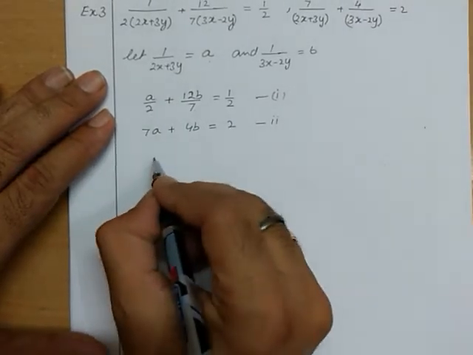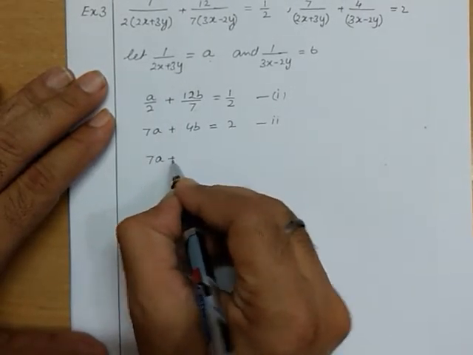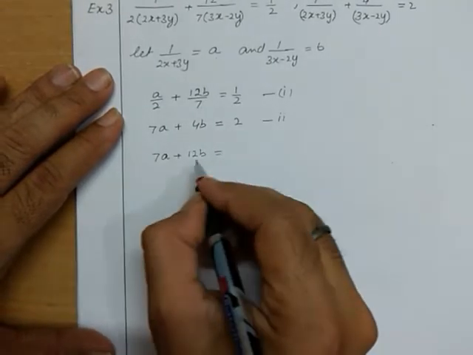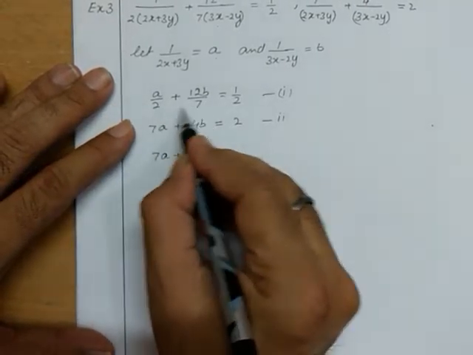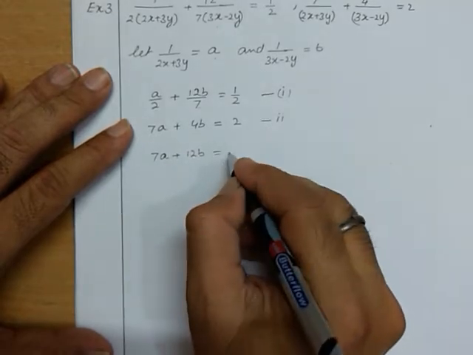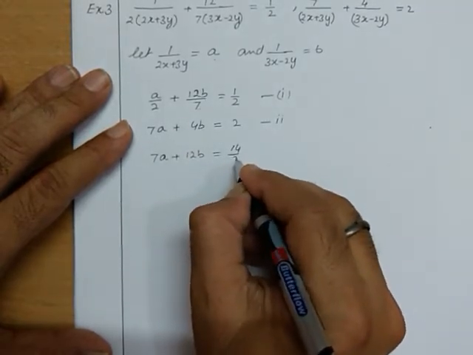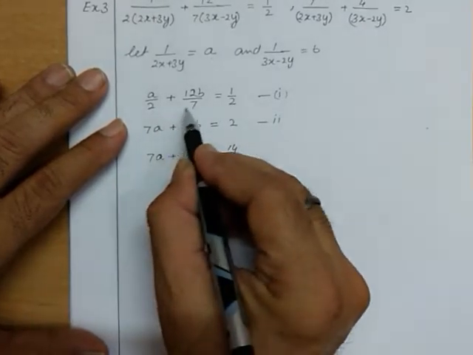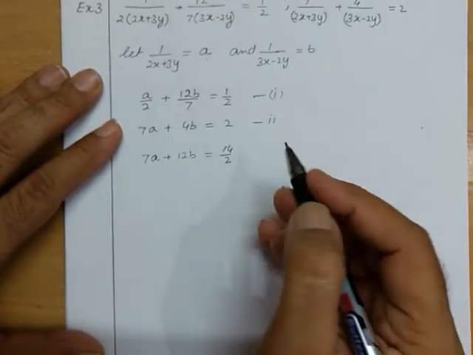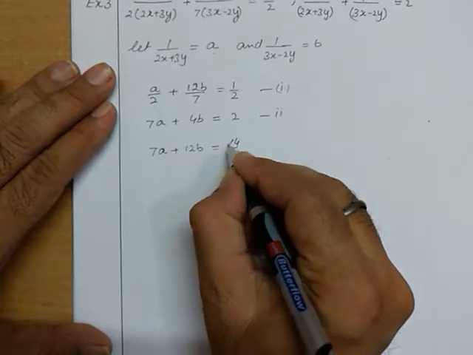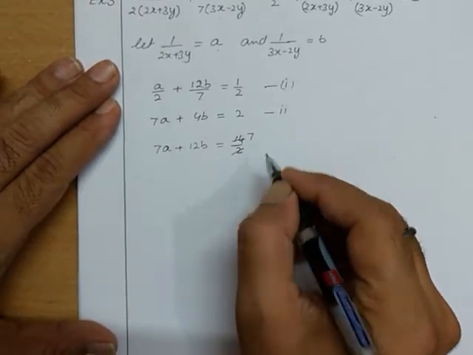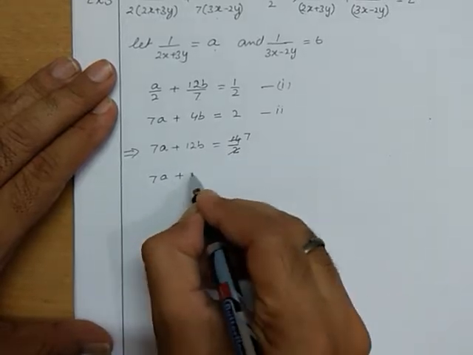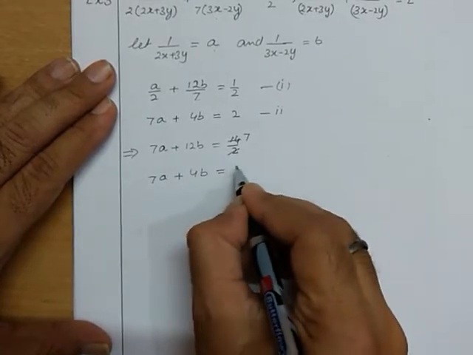Here we get 7a plus 12b is equal to, and the LCM will be 14, so this will be 14 upon 2. I am not cross multiplying this to this side. If we take the LCM 14 upon 2, this 14 will get eliminated, so this will become 7, and in the next one it will remain as 7a plus 4b is equal to 2.